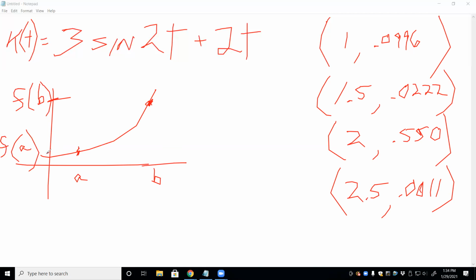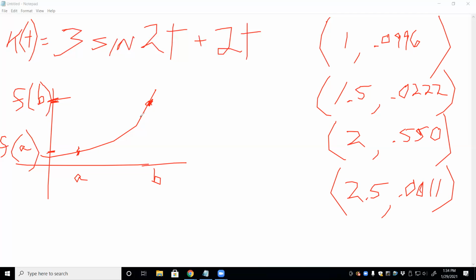It's critical to understanding calculus that you understand function notation. All of these questions are basically asking for the average rate of change, which is the slope.